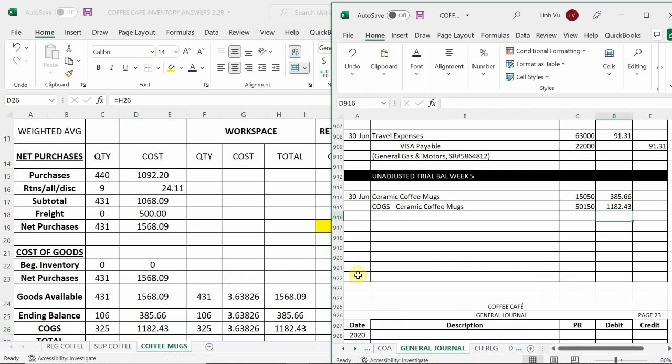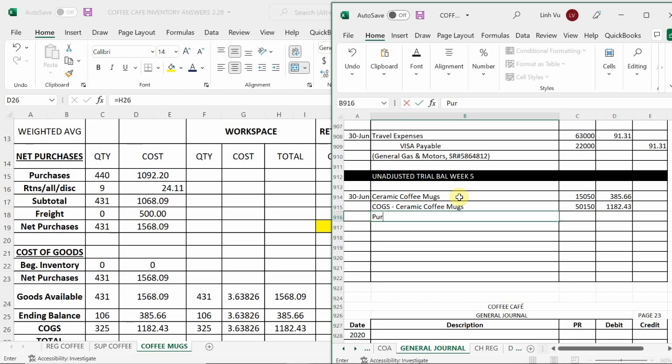If we purchase a total of 440, that's not how many goods I have available, because I transferred 106 to my ending balance. I transferred 325 to my cost of goods sold. However, I also transferred 9 of those items into my purchase returns and allowances accounts. So in this case, that's what I need to recognize.